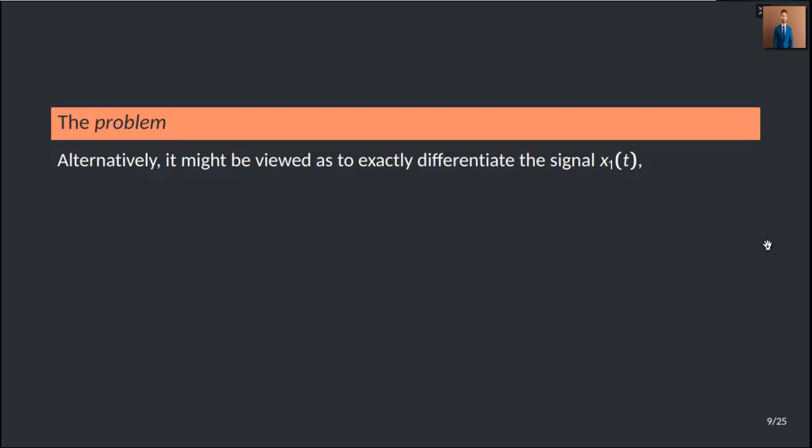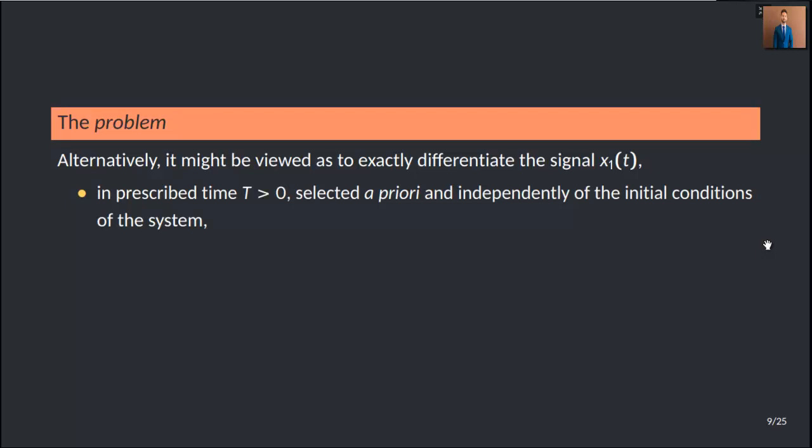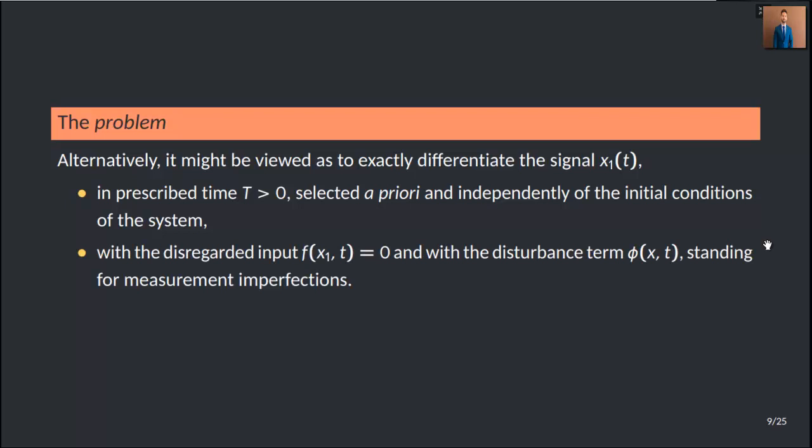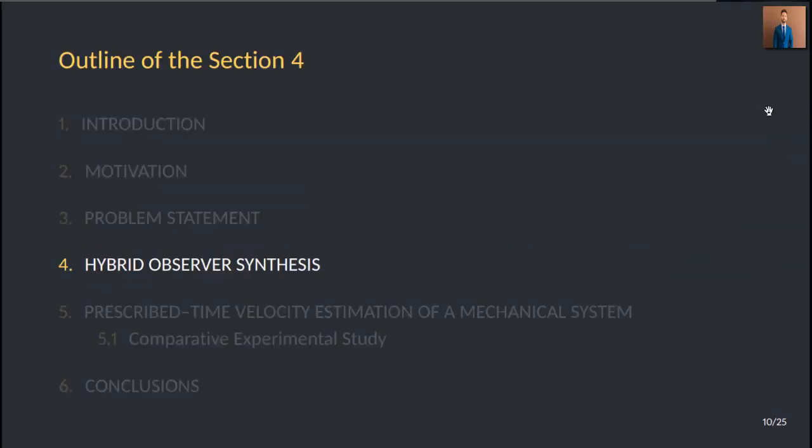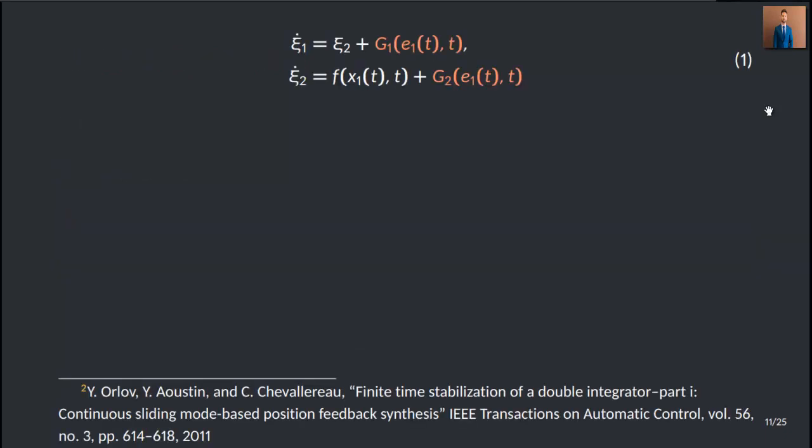Alternatively, it might be viewed as to exactly differentiate the signal x1 in prescribed time, selected a priori and independently of the initial conditions of the system, with the disregarded input f and with the disturbance term standing for measurement imperfections. Our solution then is called hybrid observer, and in this next slide I will show the synthesis of this hybrid observer.